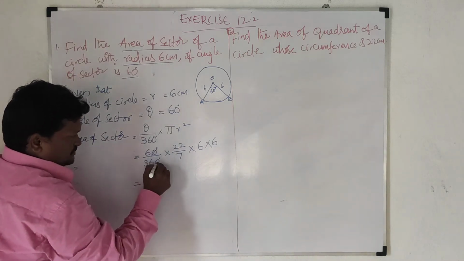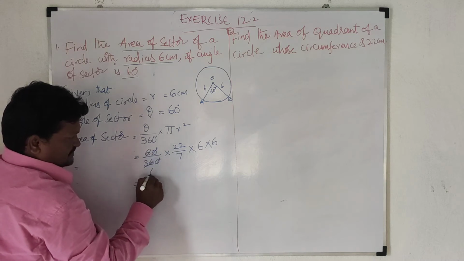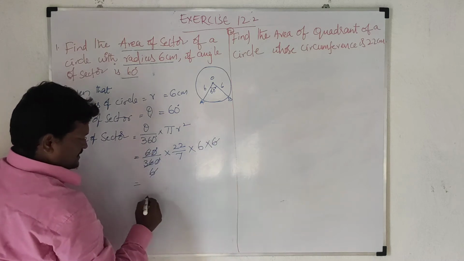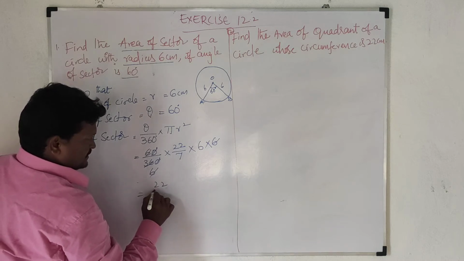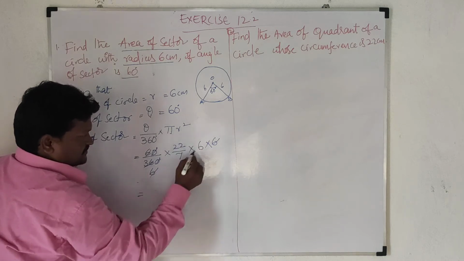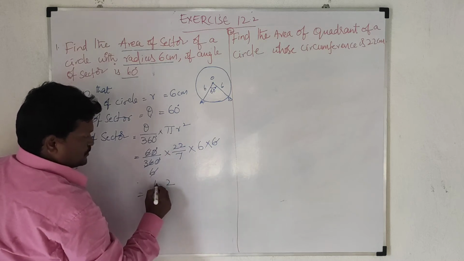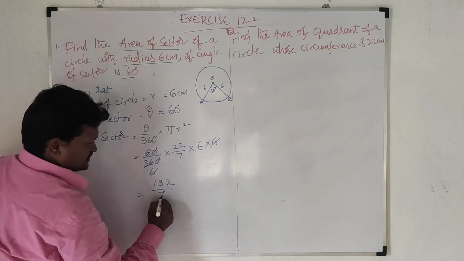Now see, the 0 cancels. 6 ones are 6, and this 6 cancels. Now this is 22 by 7 into 6. 6 twos are 12, 6 twos are 12, so 132 by 7.